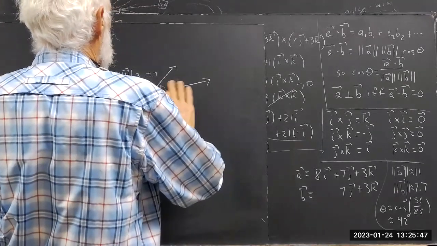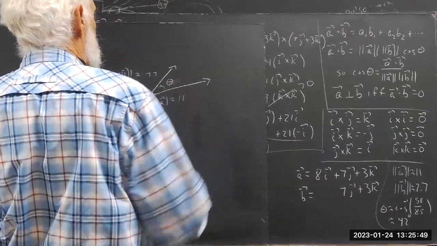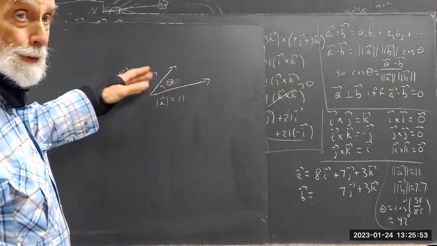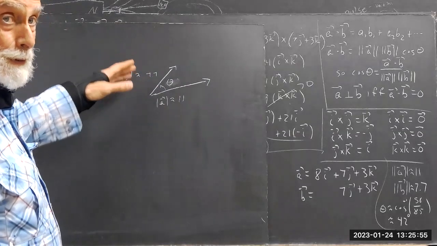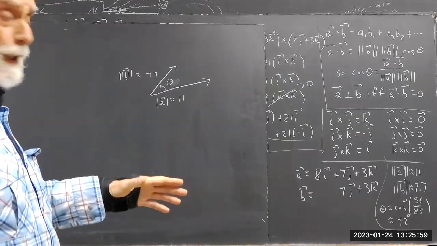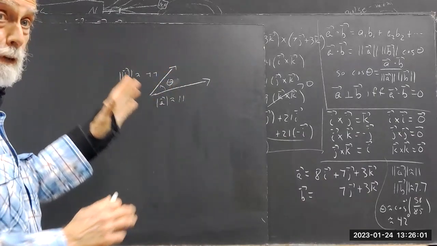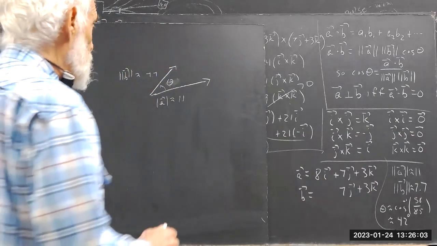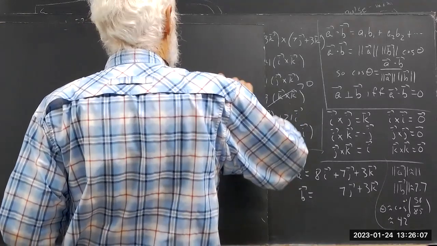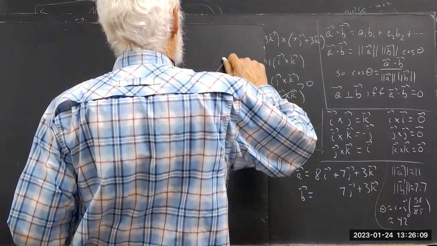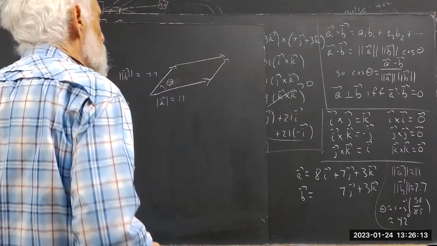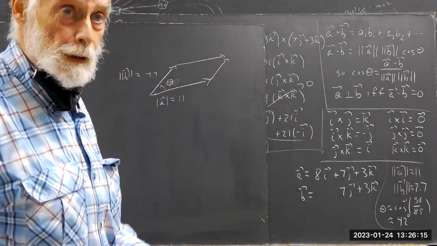So we're just going to call that angle theta. That doesn't look like it's in the 40s, and I think the angle's in the 40s. So it's not totally accurate. These things are separated by a little bigger angle than that. Doesn't really matter. We just want to figure out the area. So we go parallel to this vector, and then we go parallel to this vector. We want the area of the parallelogram.